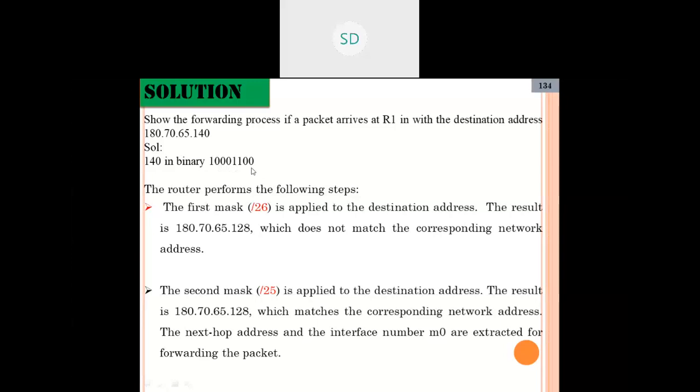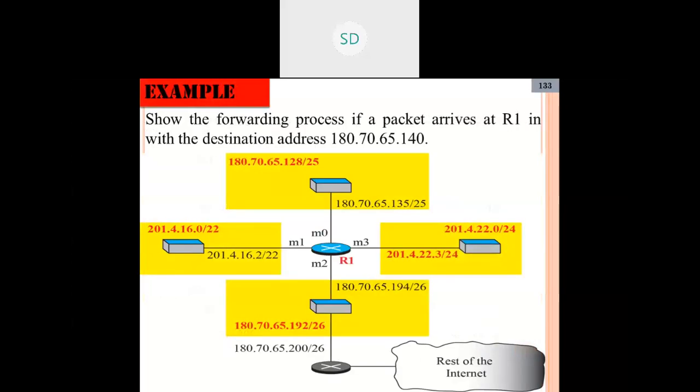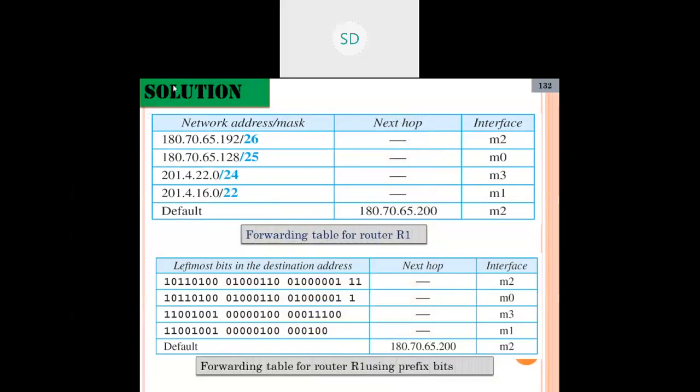Now, how do you find exactly to which host it will belong? It has to be routed. The router performs the following task: whatever address has been received will be masked first. In the forwarding table, the first address is 180.70.65.192/26, and the process takes place in this order.